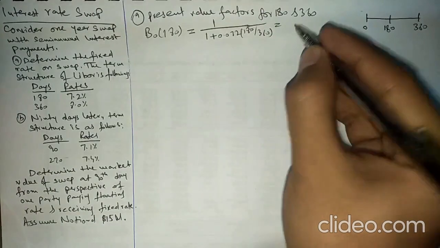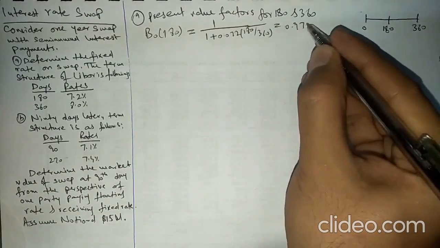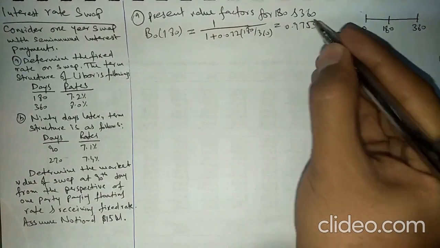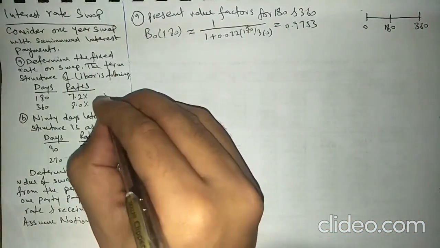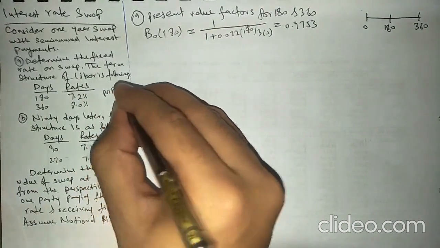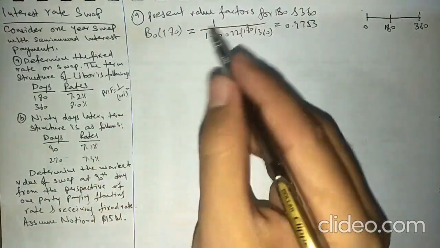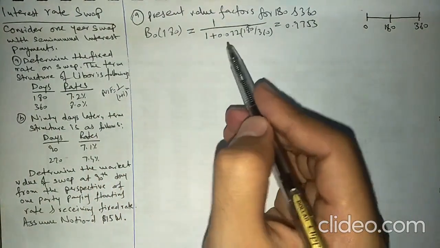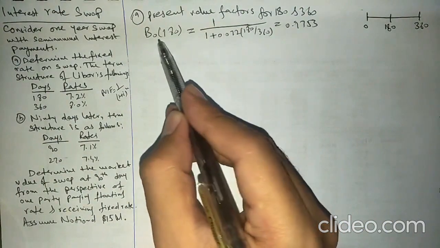So that's how we can calculate a present value factor. The answer is 0.9753. This is just like the present value interest factor formula, which is 1 over 1 plus I raised to power n. So we are using the same formula to calculate a present value factor here.